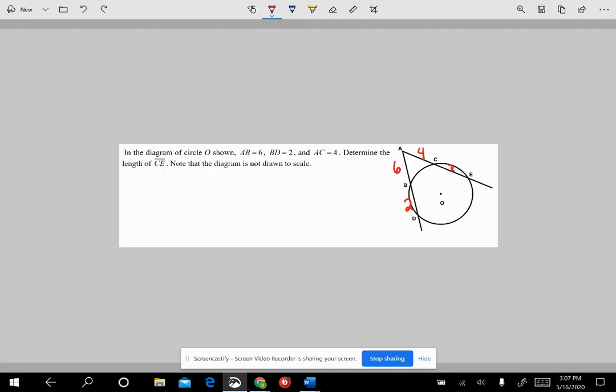That simply means the product of the secant, so the whole secant is 8, so it's the whole secant times its external part is equal to the whole secant times its external part.